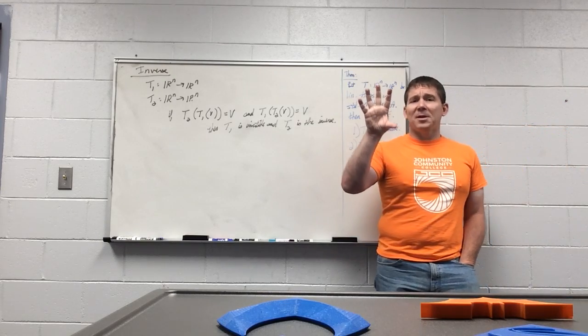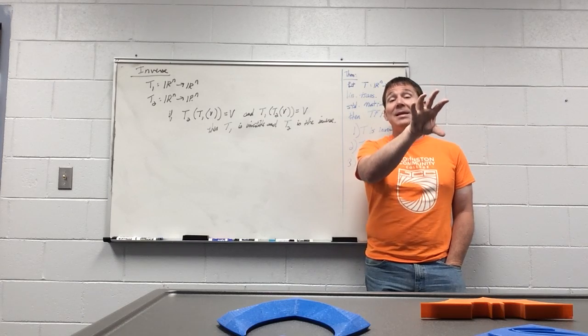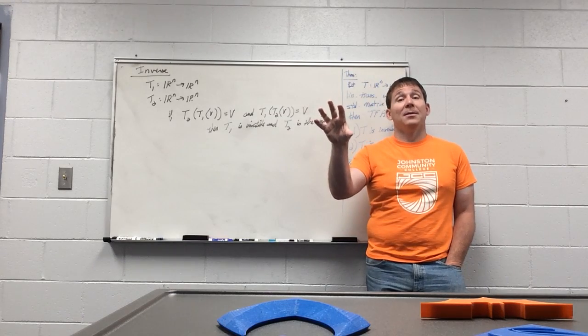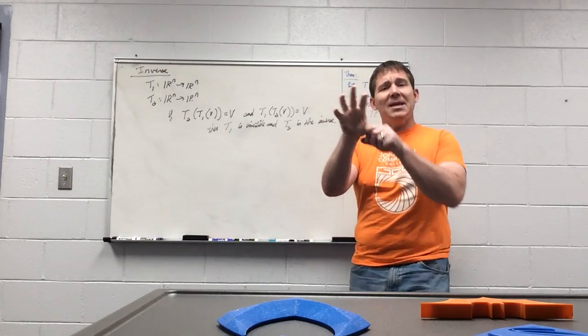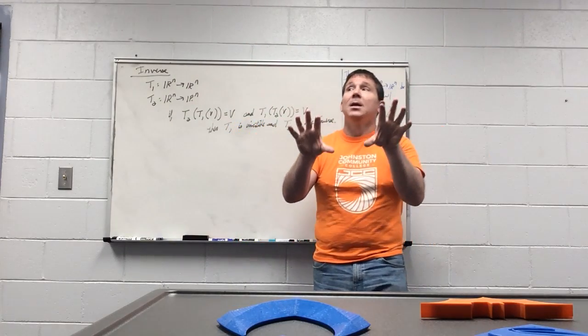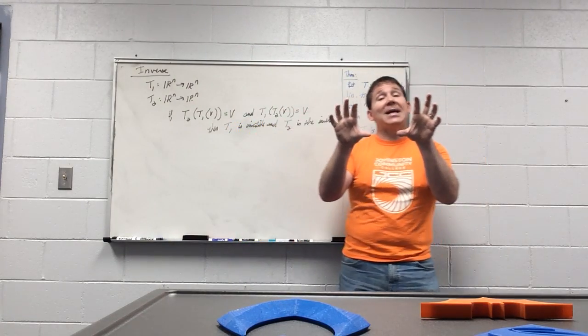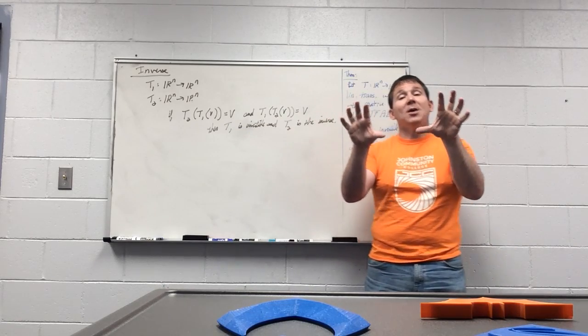Well, if T is invertible, it means it takes everything here to everything here, and then immediately takes everything here back to here. Because if it's invertible, it has the inverse, which sends me back, which means everything here gets mapped to everything here, which gets mapped to everything back here, which means they have to be the exact same. Because if they're not the exact same, then that will not work.